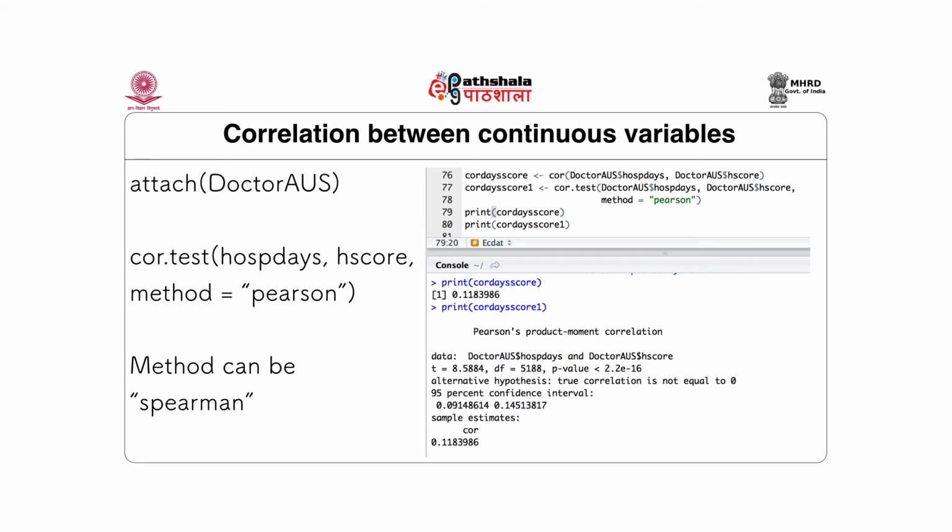So your function is cor.test. You can also use another function called cor, and again, you can specify the parameters in a very similar way. You can save this function and the functional outputs into an object, and you can manipulate those objects as well.